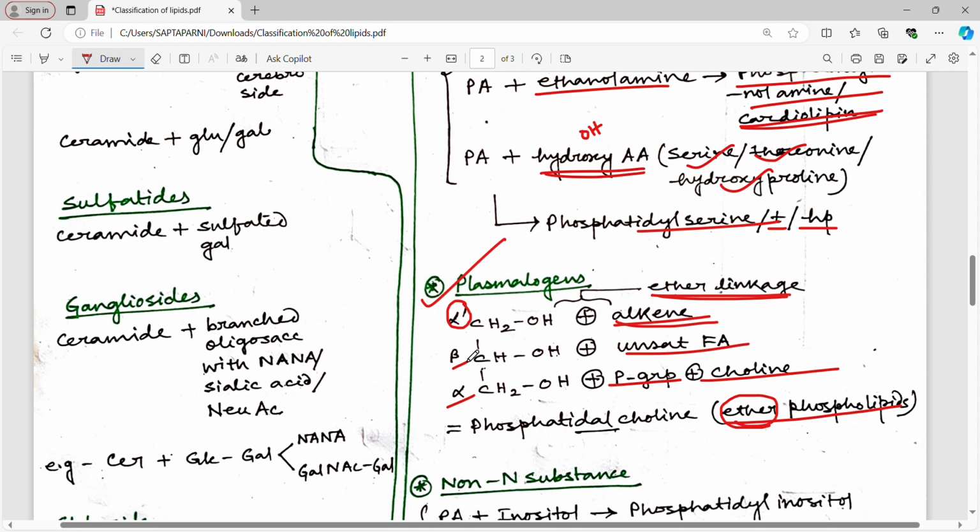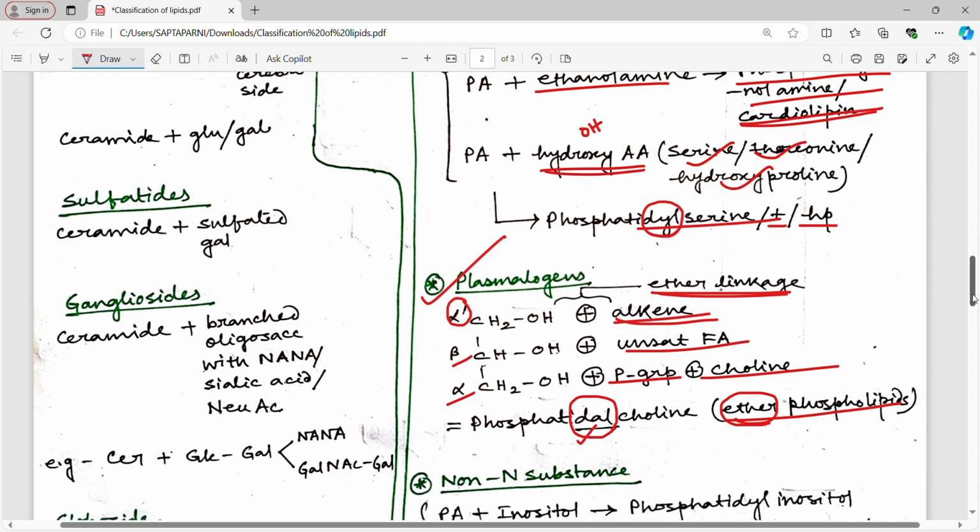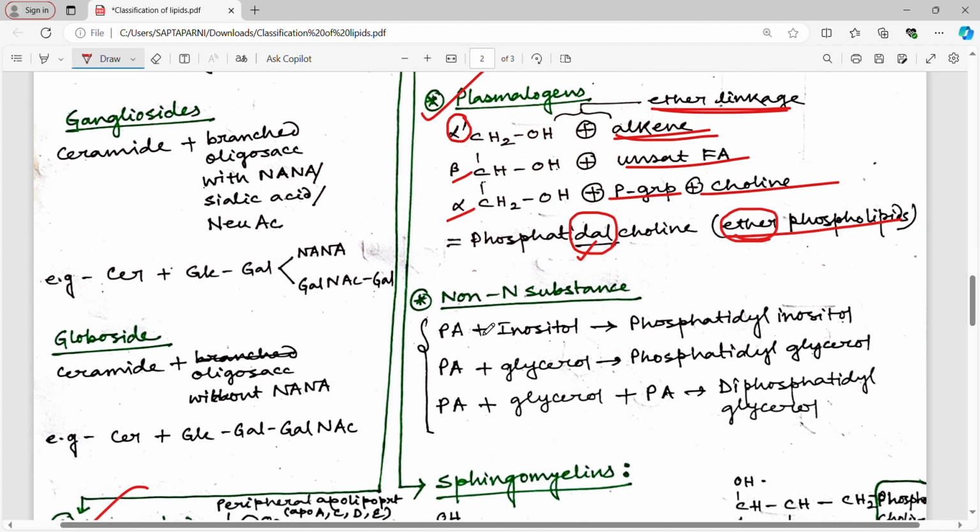That is why this type of phospholipid is known as ether phospholipid. Previously we have seen phosphatidylserine, phosphatidylethanolamine, phosphatidylcholine, but here it is plasmalogen phosphatidylcholine.